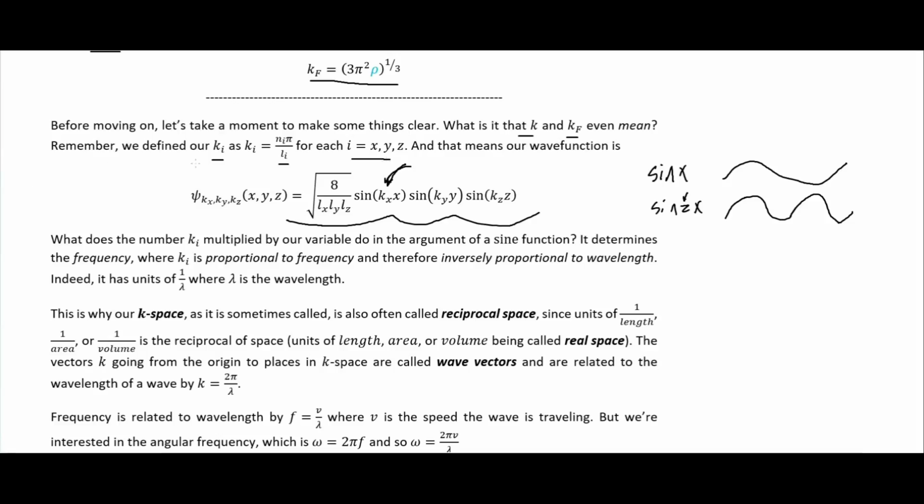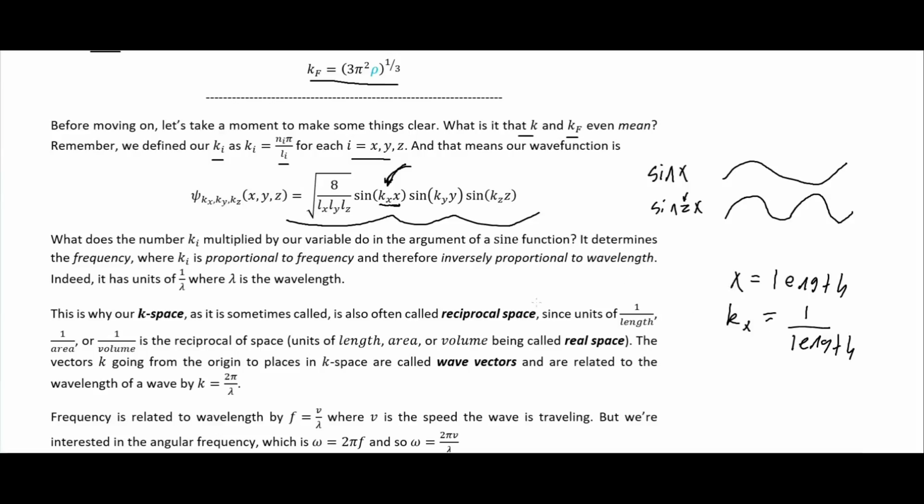And so these ks, since the argument of a sine function shouldn't have, well, I guess I shouldn't say shouldn't have, but in this case, we don't have units in the entire argument. Well, x is equal to a length, and so the kx has to be equal to 1 over length.